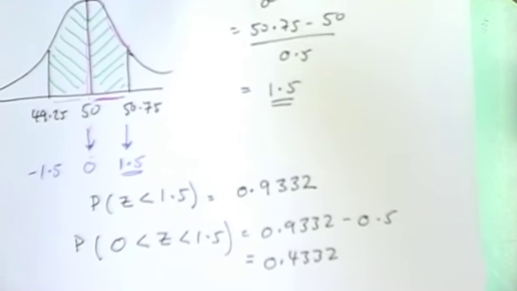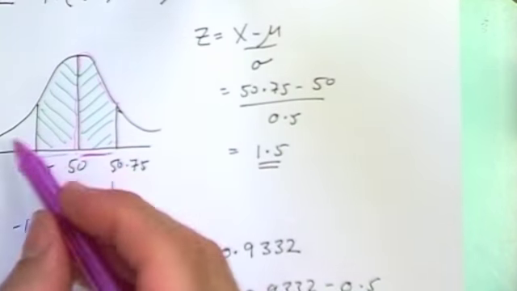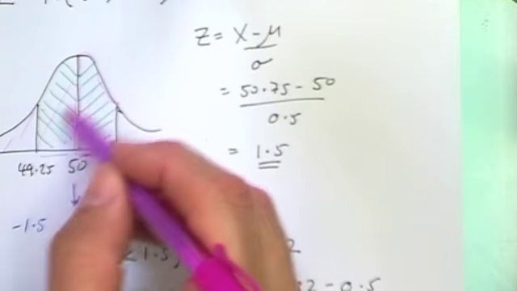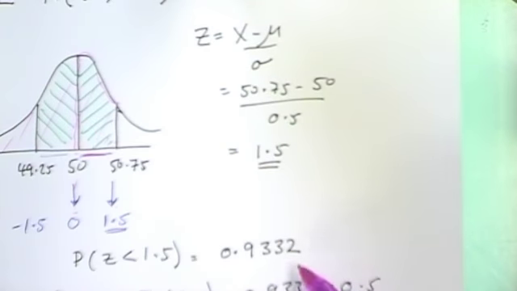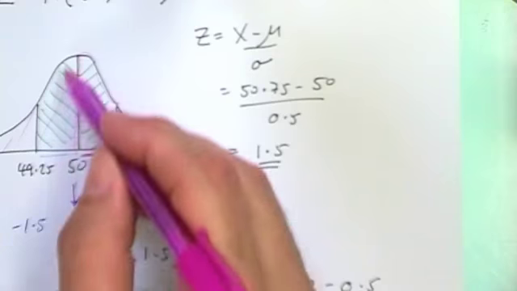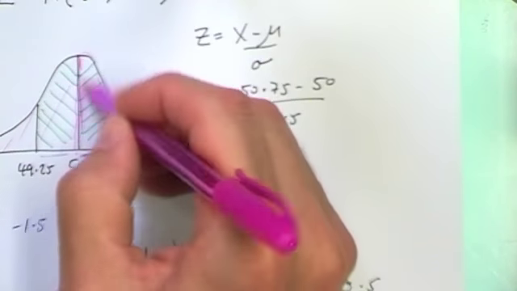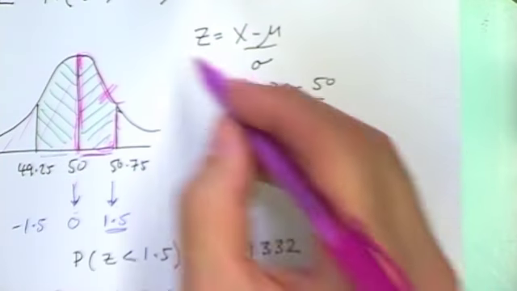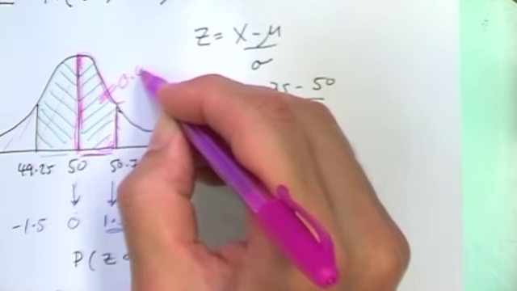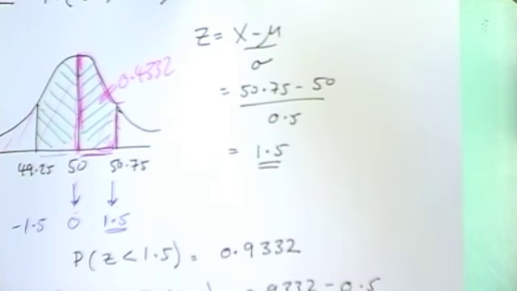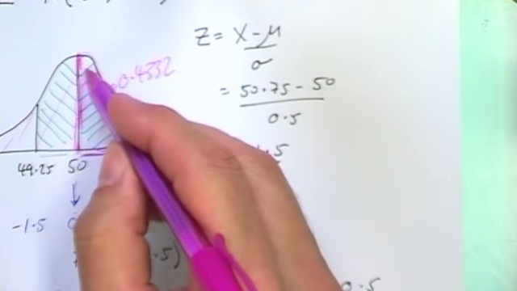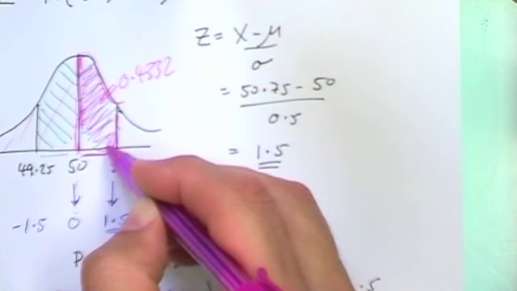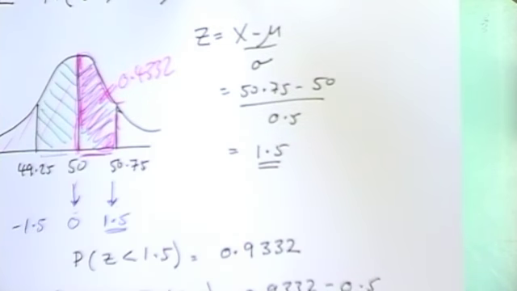So effectively, if this whole region here was 0.9332, we know this bit's 0.5, so this region round there, that region is 0.4332.